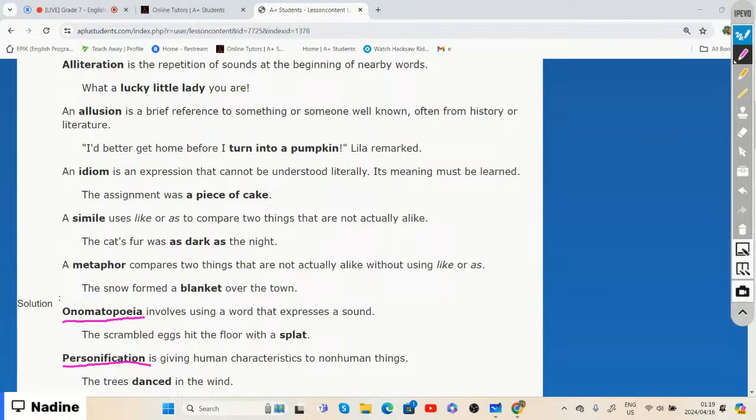And that is personification. It is giving human characteristics to non-human things. We made an example of the trees danced in the wind.